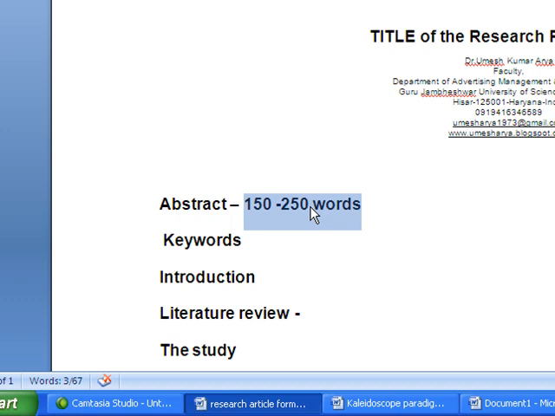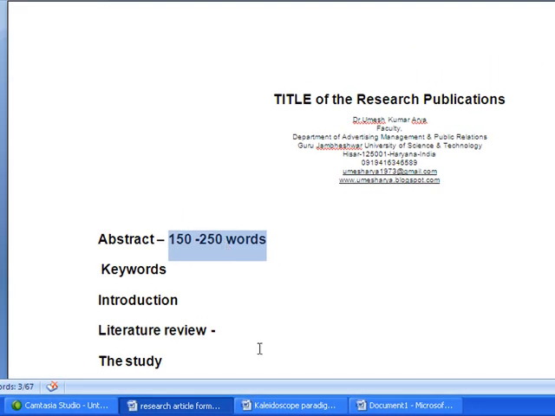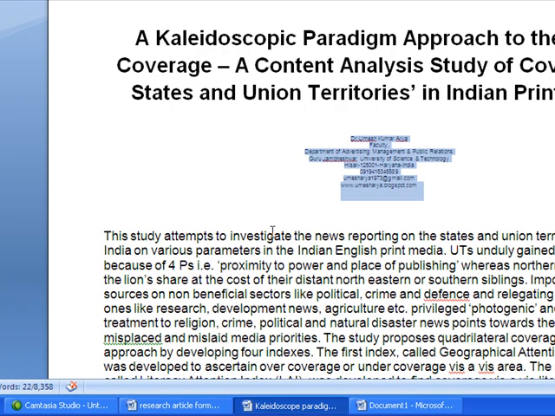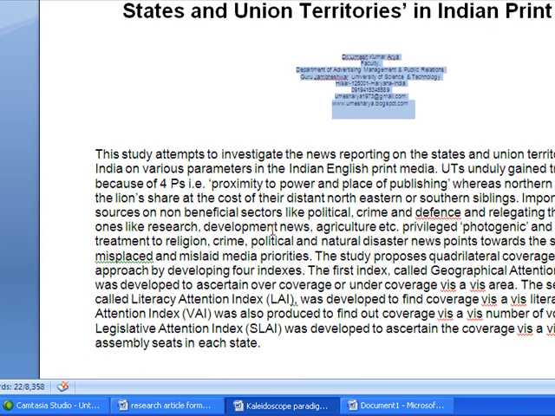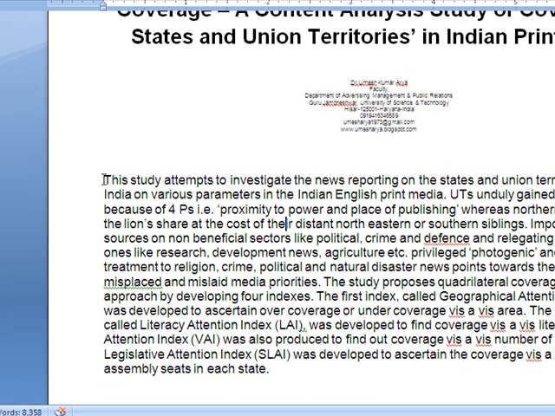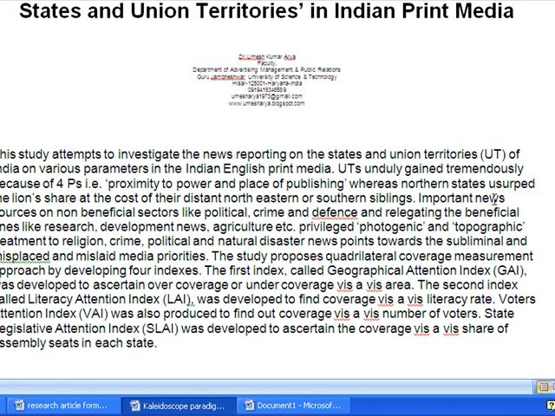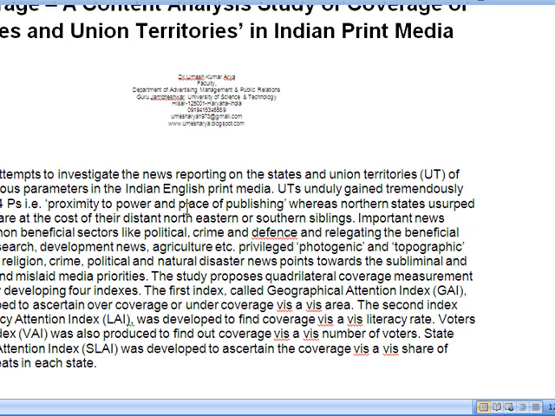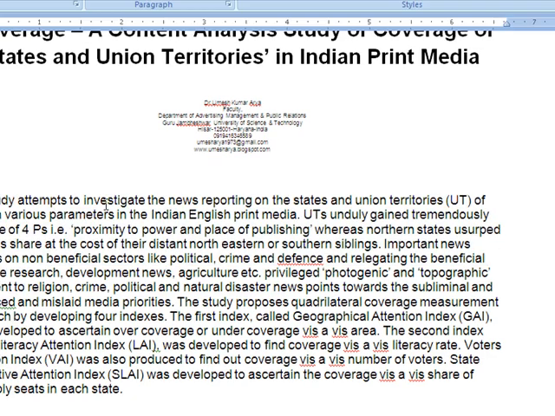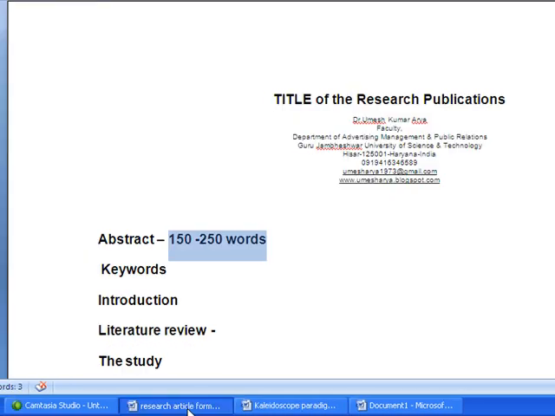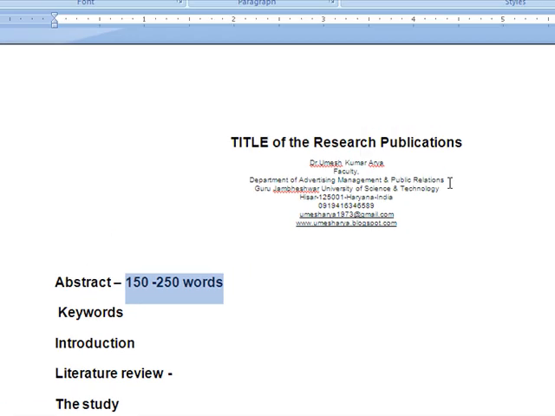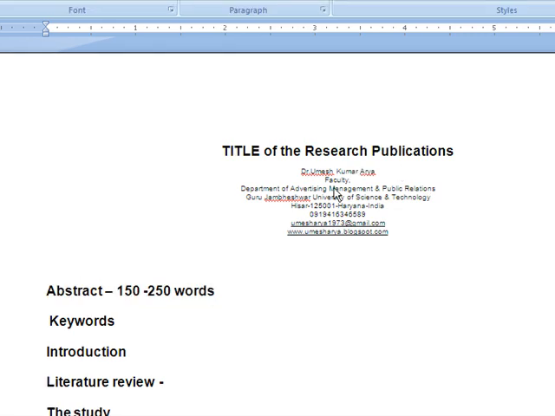Different publications require different word limits. In this research publication, this is the abstract part, and see, it is left justified, the right side is not justified. So it is the journal style. Abstract is also very important because all the publications or conferences need your abstract first, and then they ask for the full papers.